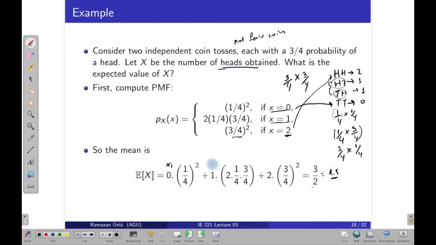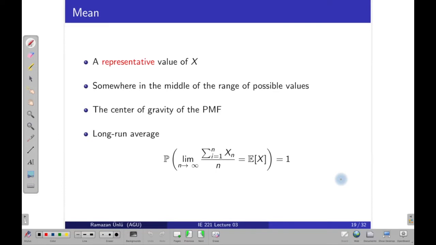This is the interpretation, or summarizing this experiment by a single number. So that's why we can say that the mu x is just a single number, and this single number is a representative value of my random variable.